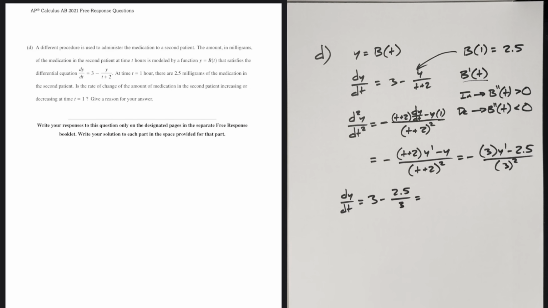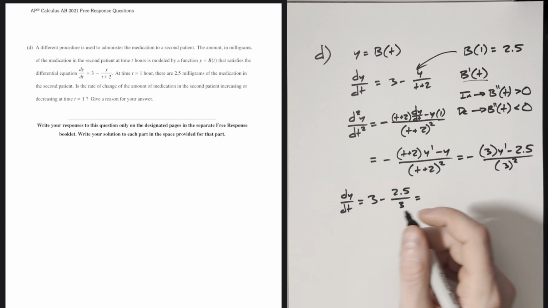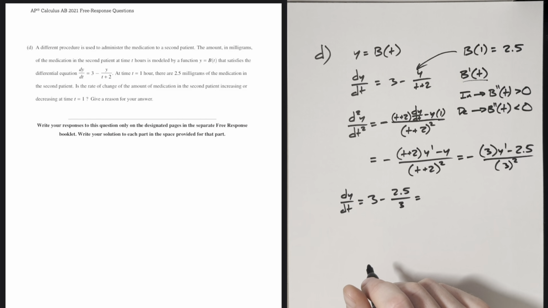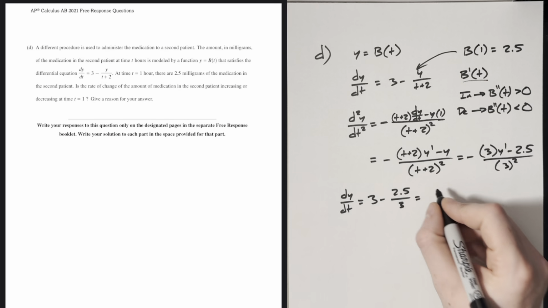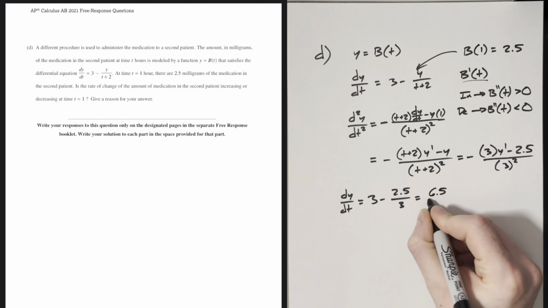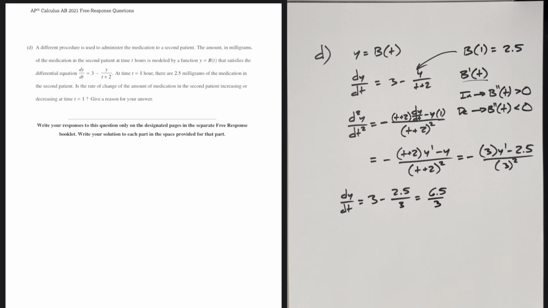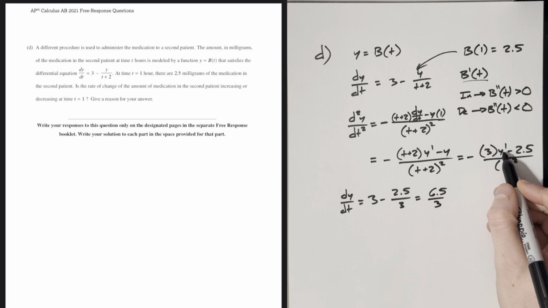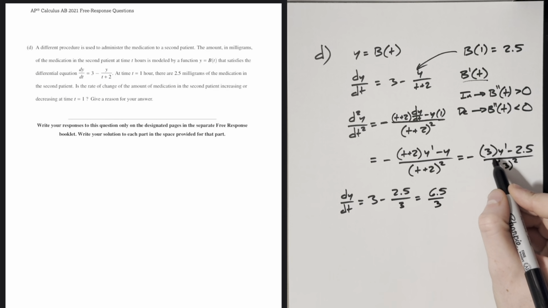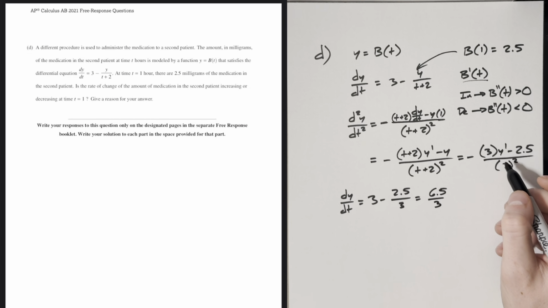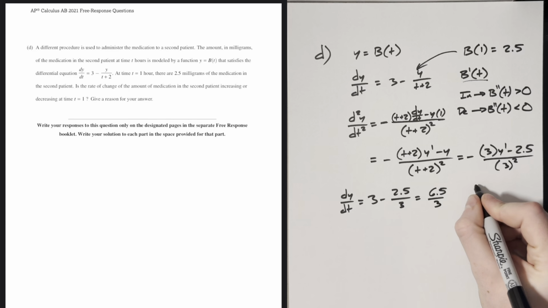And this arithmetic is slightly frustrating and difficult, right? It'll give us something like 9 minus 2.5. It's a little bit annoying. It'll be like 6.5 divided by 3. That's my derivative. So now, when I plug it in for y prime, 3 times 6.5 divided by 3 is just 6.5.